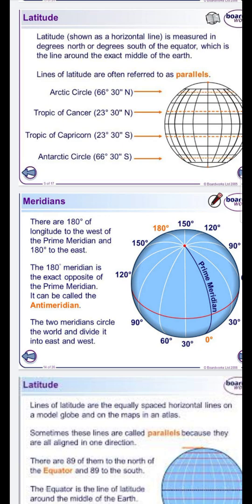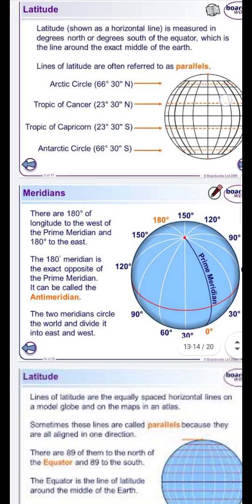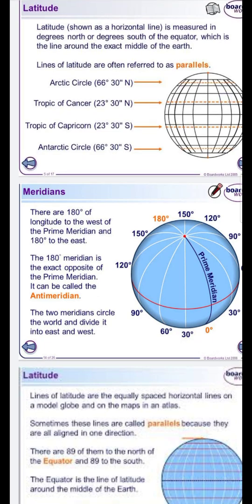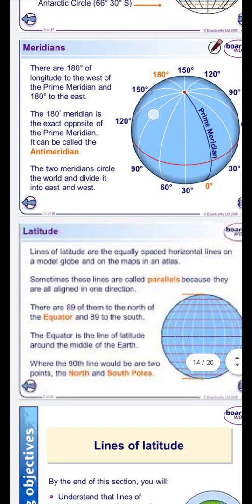Lines of latitude are often referred to as parallels. The horizontal lines, also known as parallel lines, are the Arctic Circle, Tropic of Cancer, Tropic of Capricorn, and Antarctic Circle.